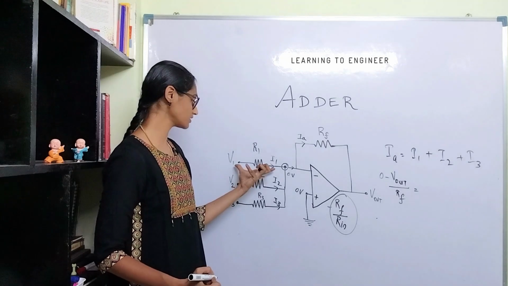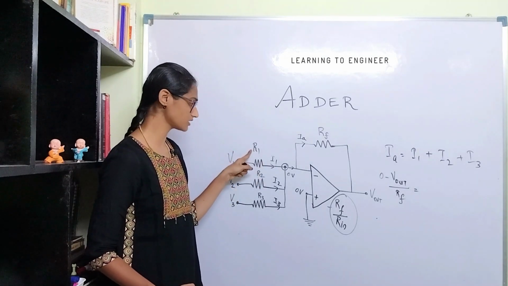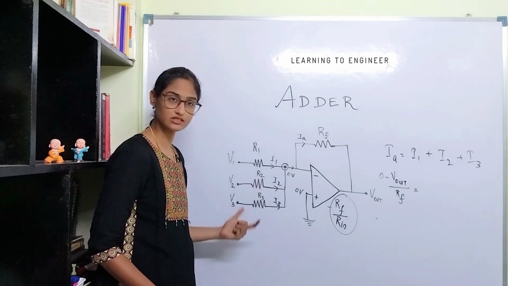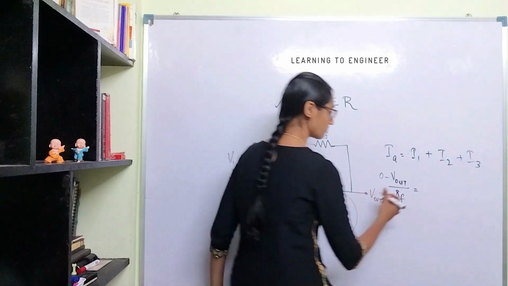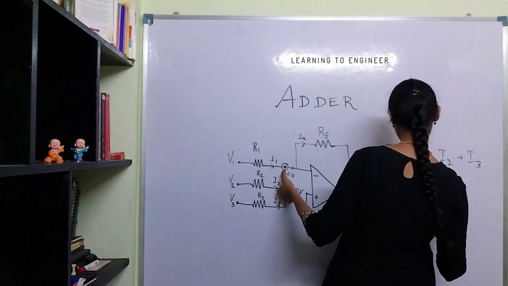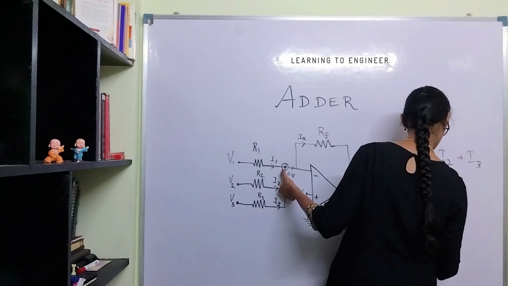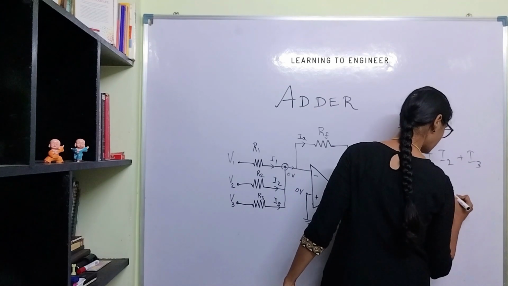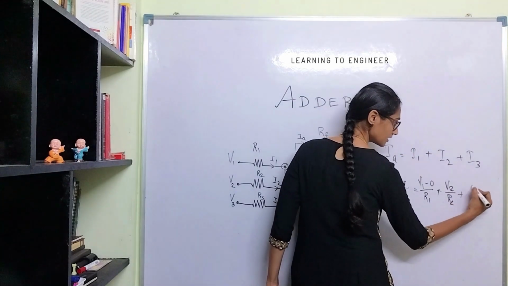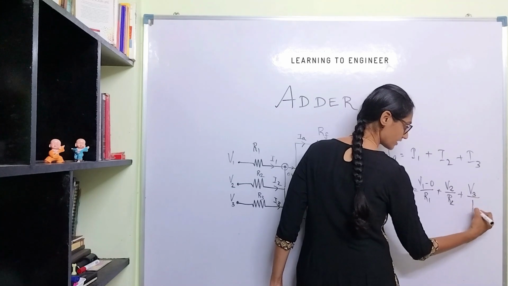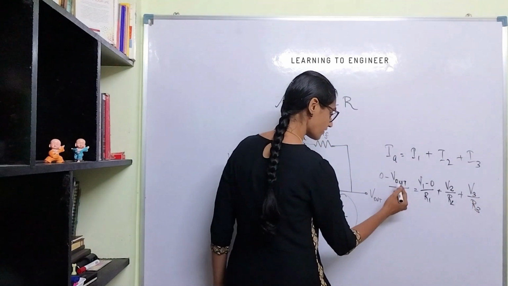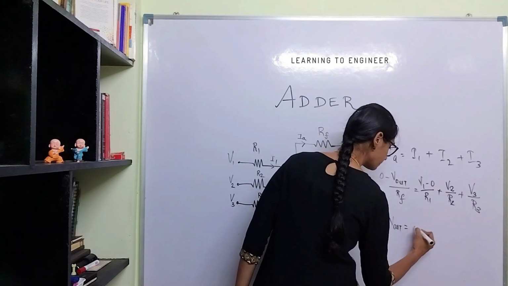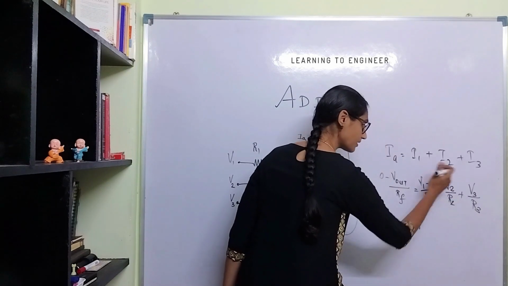What is I1? The difference in voltage between these two divided by this resistor. What is I2? Difference in voltage between these 2 points divided by this resistor. Same for I3. So I1 will be V1 minus 0 divided by R1, and same for I2, it will be V2 minus 0 divided by R2 plus V3 minus 0 divided by R3, and hence to find out the value of minus V out, this would be RF multiplied by the whole thing.